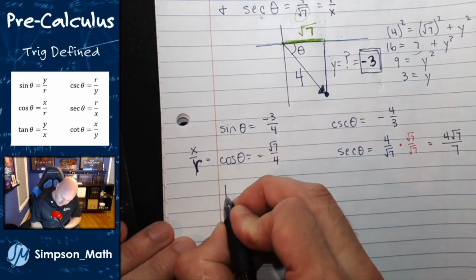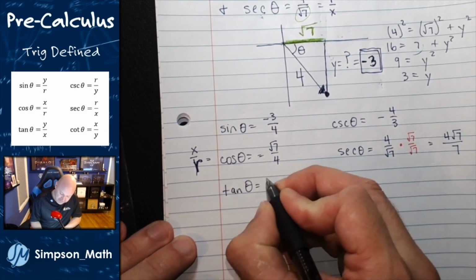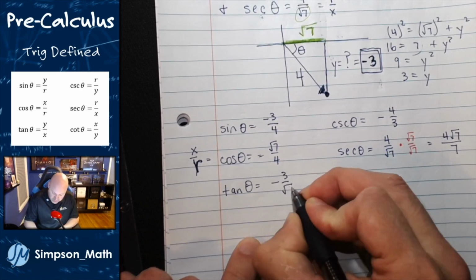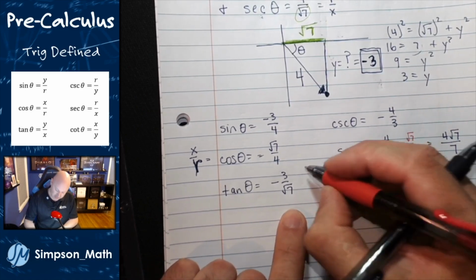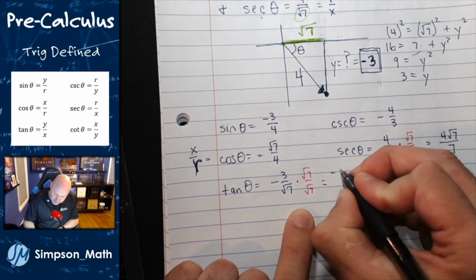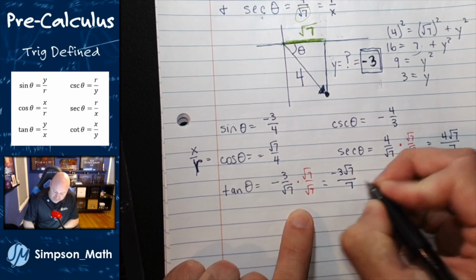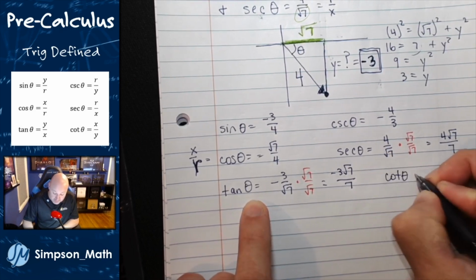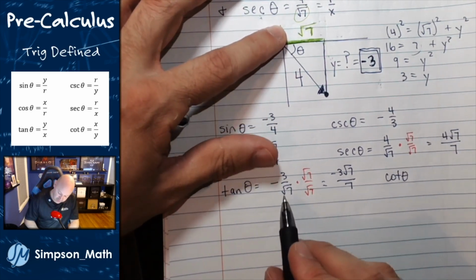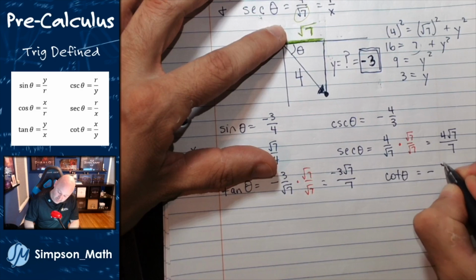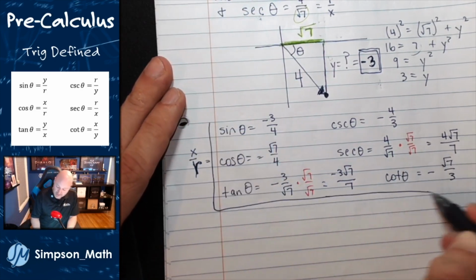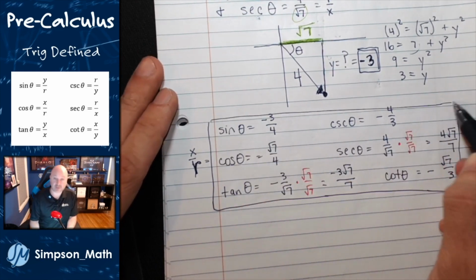All right. Tangent is defined as y over x. So we have negative 3 over root 7. Again, we need to rationalize. Pretty simple. Negative 3 root 7 over 7. Cotangent, by definition, is x over y, or just the reciprocal of this, negative root 7 over 3. These are the values of the 6 trig functions of theta.